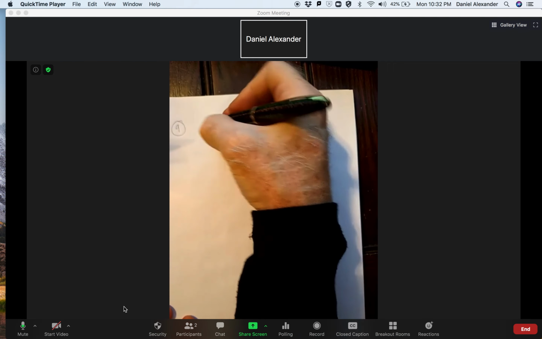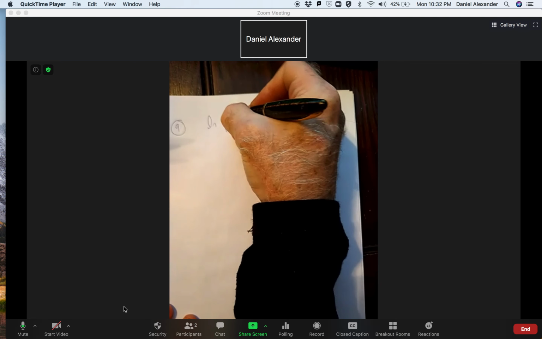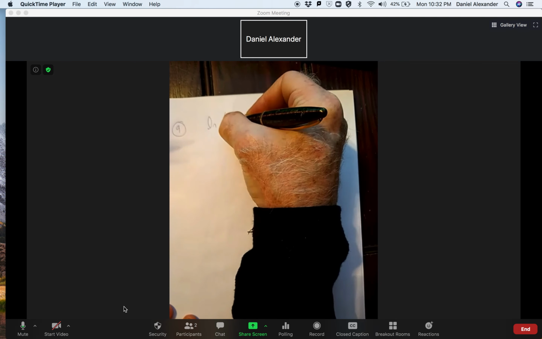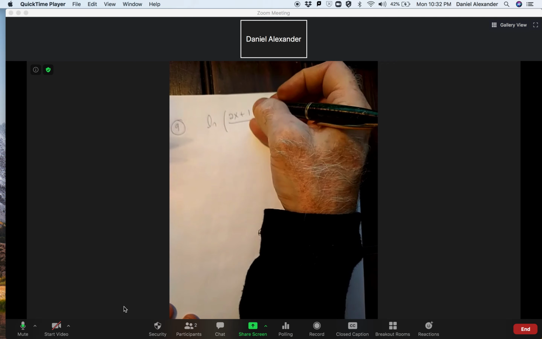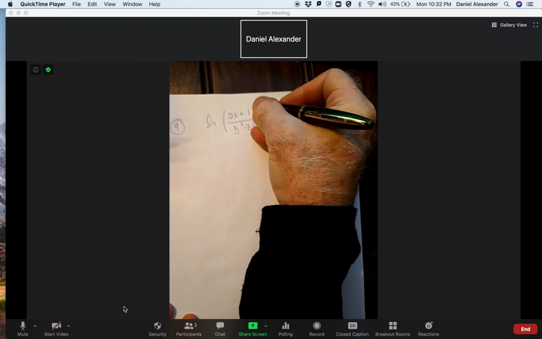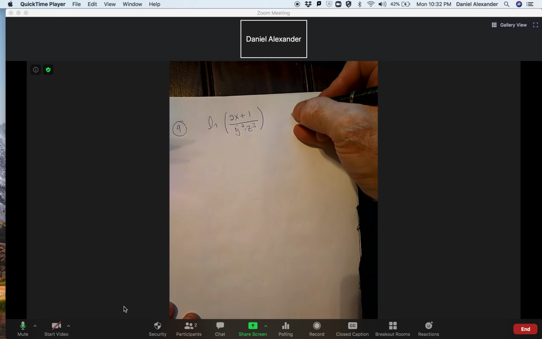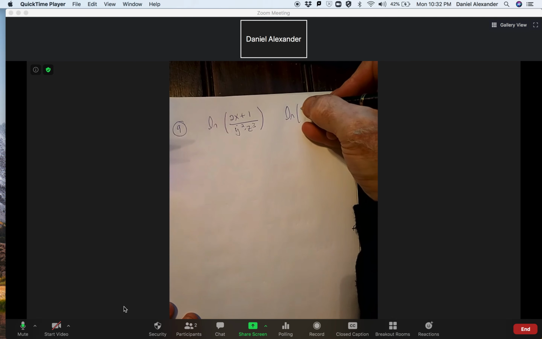So number 9 is going to be the natural log of 2x squared plus 1, of 2x plus 1, I'm sorry, y cubed times z cubed. And again, I think of this as a division first, so I'm going to use the division rule.